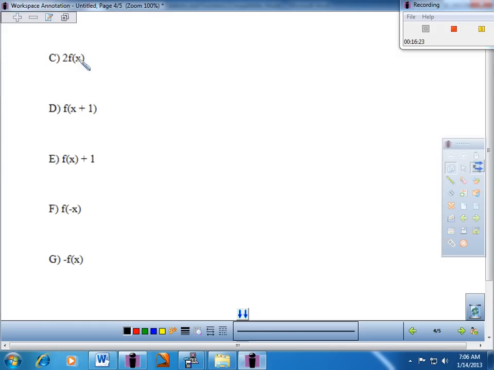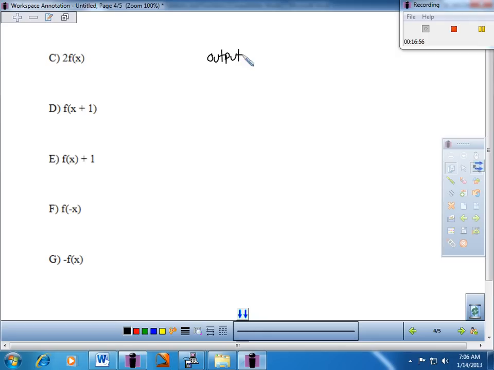It was x before, it's x right now. So notice it's not an input change. What I am doing is taking f of x, I'm taking the output or the function and multiplying it by 2. So notice the difference in the notation, especially between B and C. There was f of 2x, which I called an input change, and there's 2f of x, which now I'm calling an output change. Notice the difference there, please.